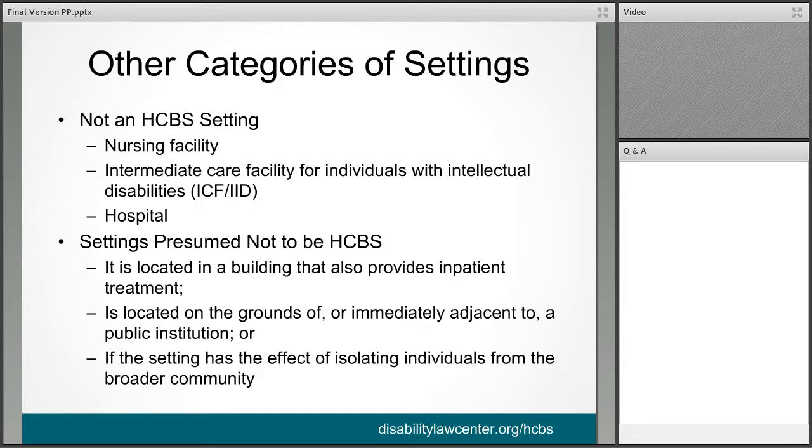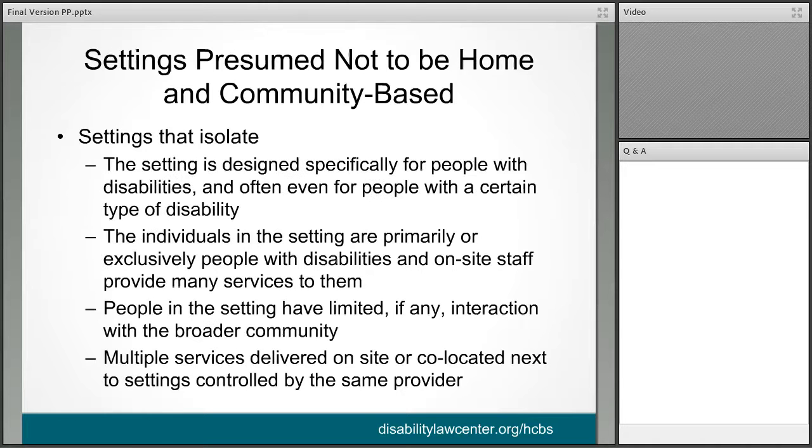In some of our visits and our review of sites, we found a few of these, but we think that the majority of settings that are going to have some difficulty are going to fall into the third category. And so these will be more rare, but we'll talk about the third category in more depth. And so the third category is if the setting has the effect of isolating individuals from the broader community. So these three types of settings are going to be presumed not to be home and community-based settings.